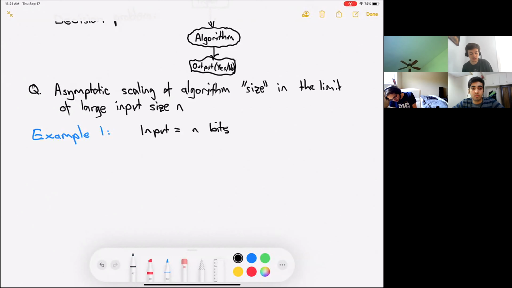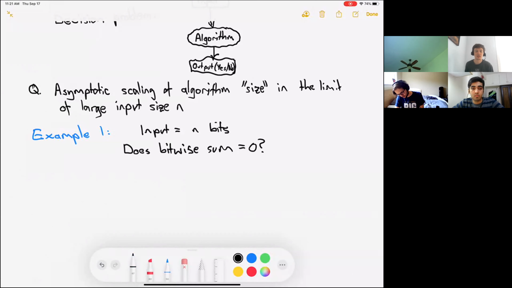And then the decision problem is, does the bitwise sum equal 0? Right. So we're going to have these n bits of the input. And so it might be 1, 1, 0, 1, right? And then we just want to add up all those input bits. So 1 plus 1 is 0 mod 2, plus 0 is still 0 mod 2, plus 1 is 1 mod 2, and so on. There's two possible final answers. Is it 0 or 1? And we'll accept if the bitwise sum equals 0. Okay.